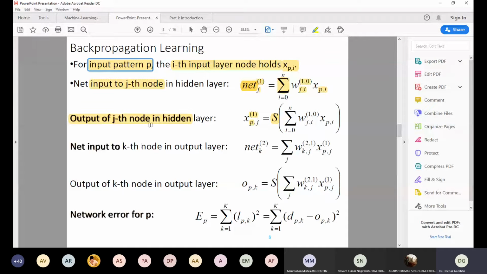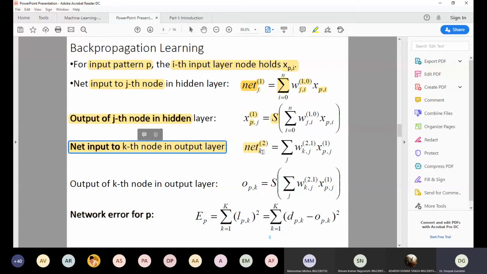Now suppose we are having the net input of the kth node in the output layer. So we will write net k superscript 2. Superscript 2 indicates the output layer, kth node.